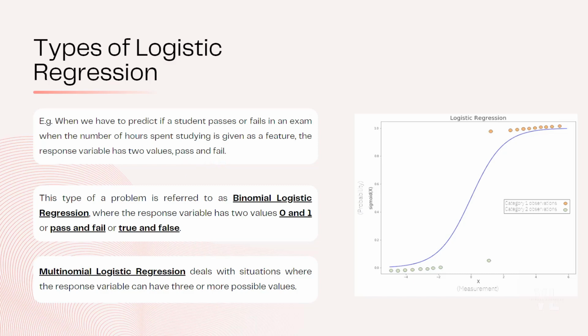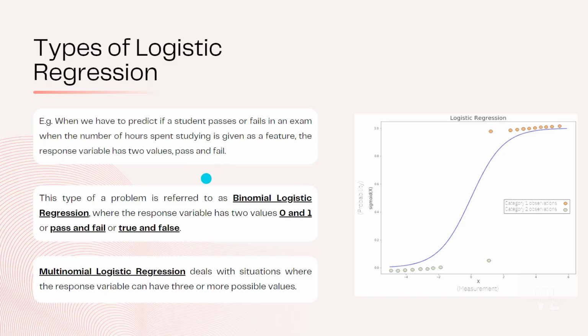So passing and failing is a categorical classification problem, so we can use logistic regression to solve that problem.